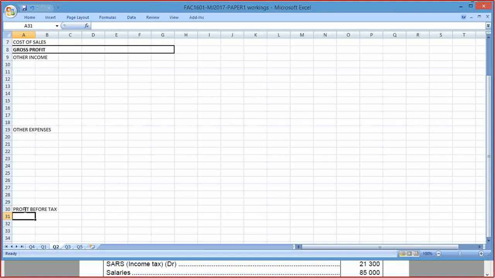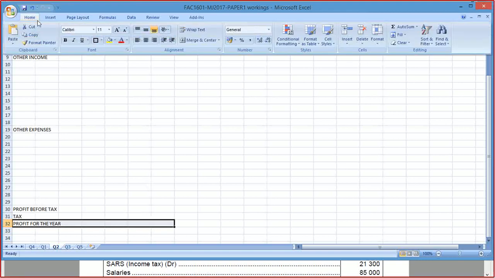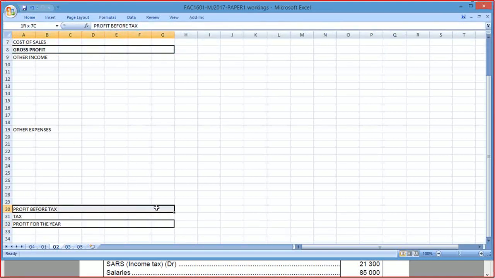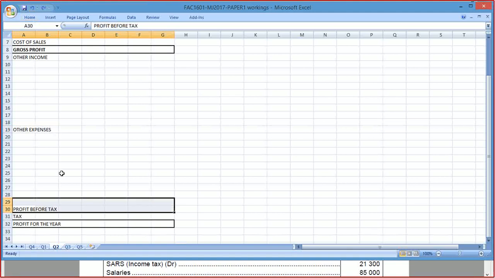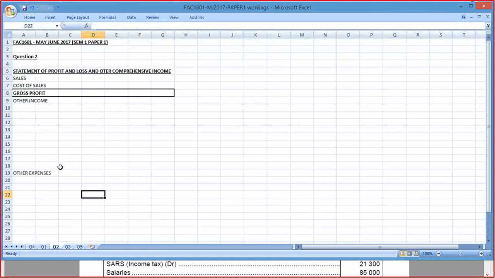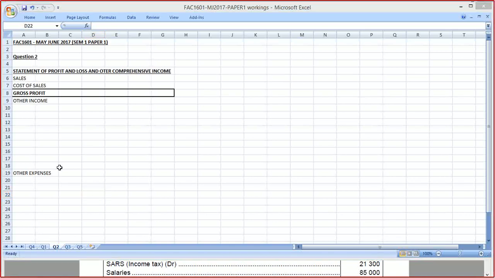And you'll have profit before tax and tax, and then you'll have profit after tax or profit for the year. Those are the different line items that you're going to have when dealing with a CC question. A CC question will always have before tax and after tax because CCs are taxed. That's revision.